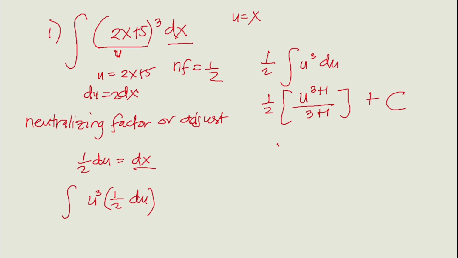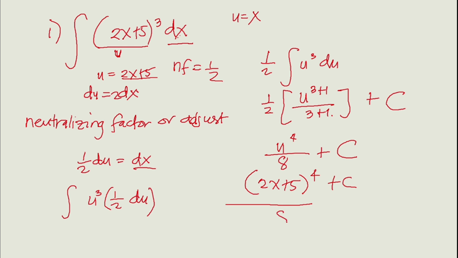This is u raised to 4 over 3 plus 1, that is 4, times 2, that is 8, plus c. Now we substitute the value for our u, which is 2x plus 5. So the answer is (2x plus 5) raised to 4 plus c, all over 8. This is the answer for number 1.